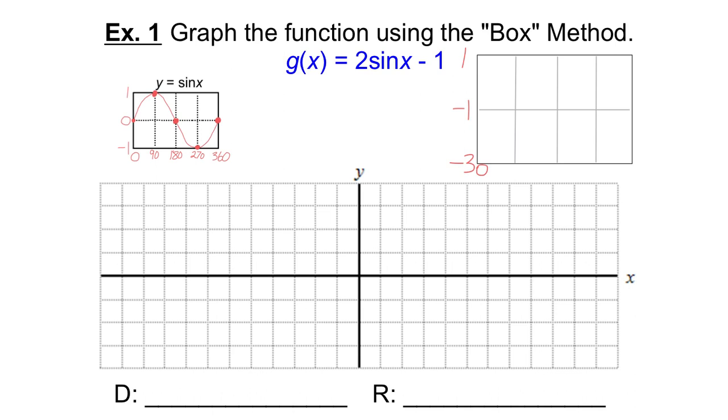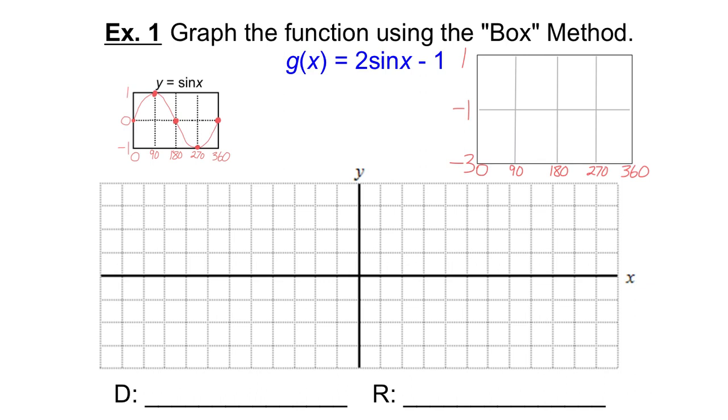If it hasn't been stretched or compressed horizontally, then the period has remained the same. So I'm going to start at 0. The period is still 360, so I'm going to end at 360 as well. So these values have not changed because I haven't had any changes horizontally in my equation. There's no k or d values to make horizontal changes.